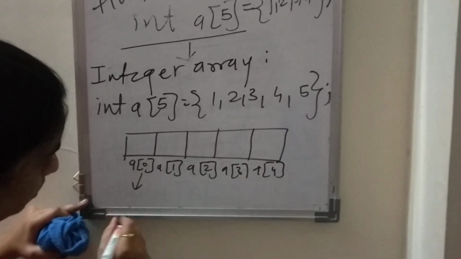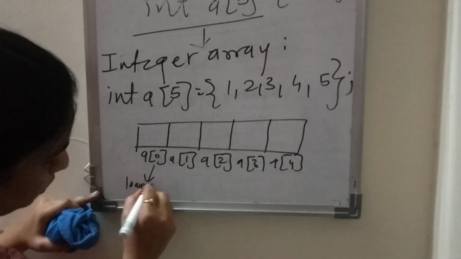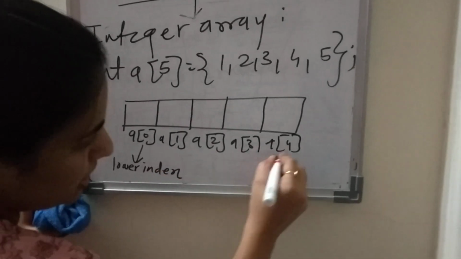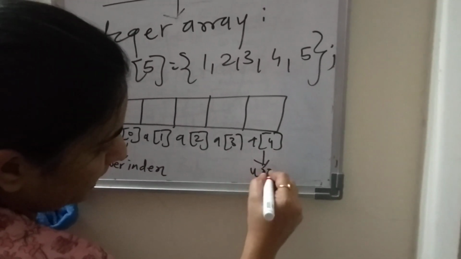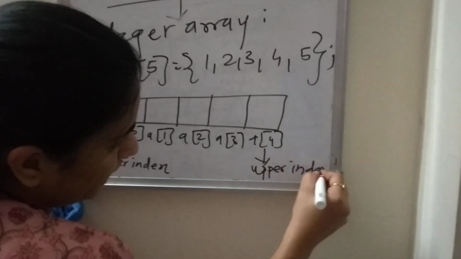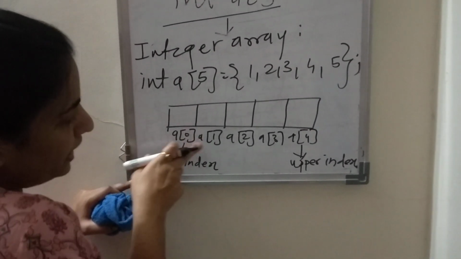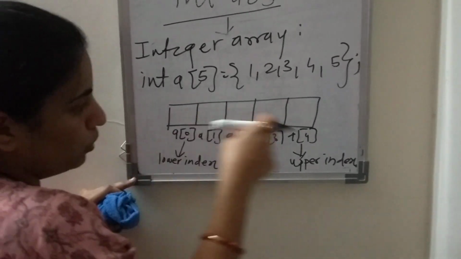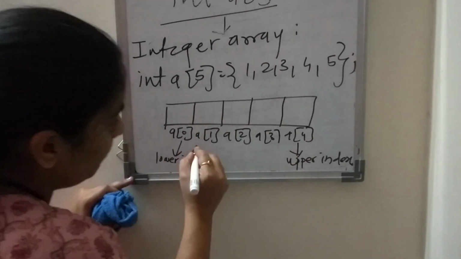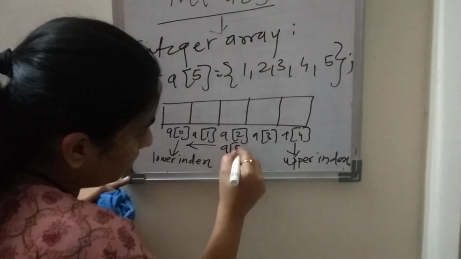This is A of 0, the lower index of array, and this is the upper index. It is also called lower bound and upper bound. So here array starts with A of 0 and it will iterate till A of 4, means 0 to 4, as the size is A of 5.